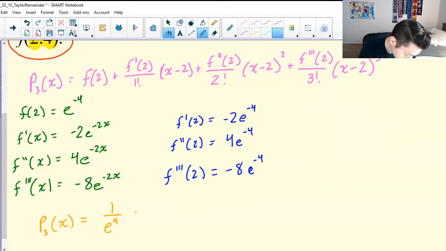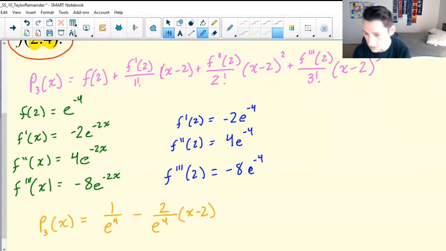My next coefficient, f prime of 2, is a negative, so I'm going to put a minus 2 over e to the 4th times x minus 2. And it was divided by 1 factorial, so just divided by 1.